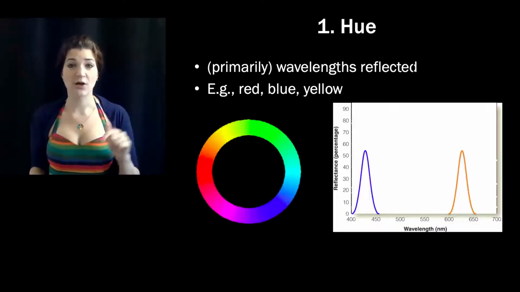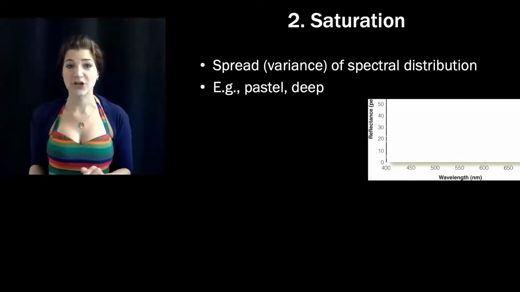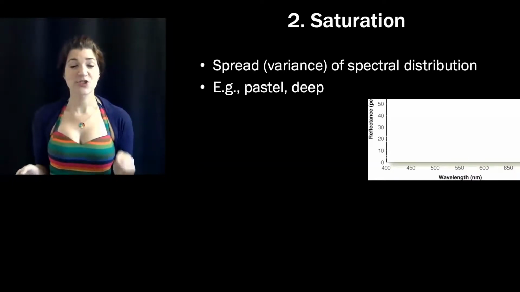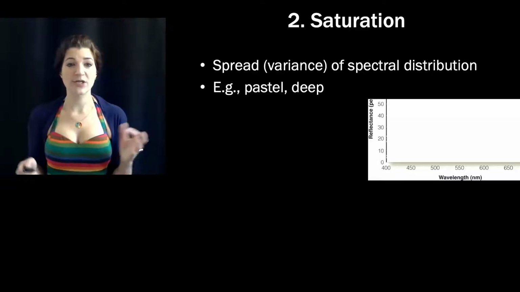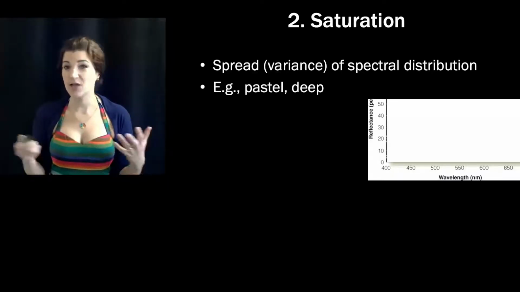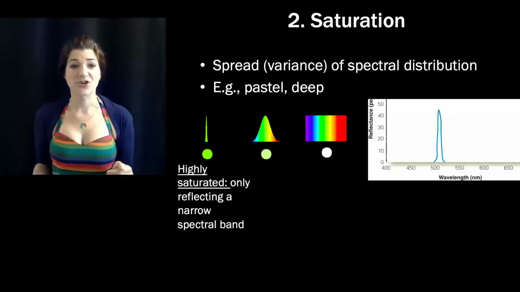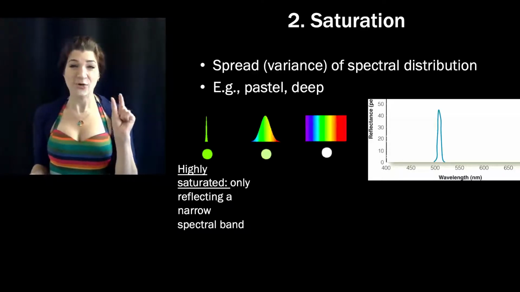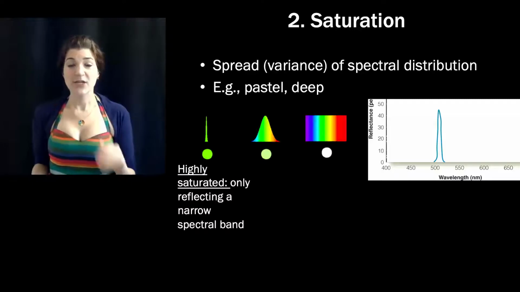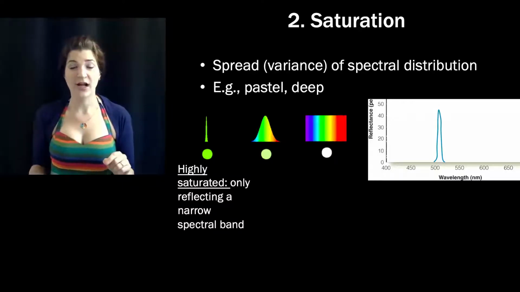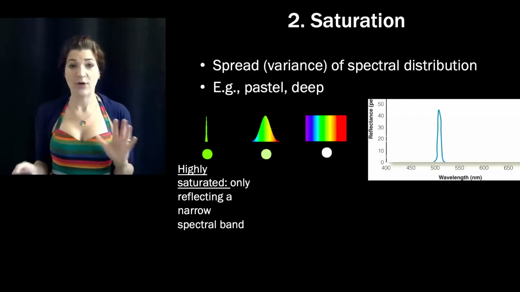Our second dimension on which colors can differ is saturation. Saturation refers to the purity of the light. So we talk about colors in terms of being pastel or deep or rich. That's all about saturation. Colors that are highly saturated reflect just a narrow spectral band. So in this one here, you can see that it's reflecting wavelengths that are just around 500 nanometers, but nothing above that or below that.